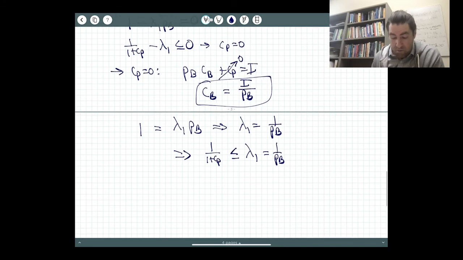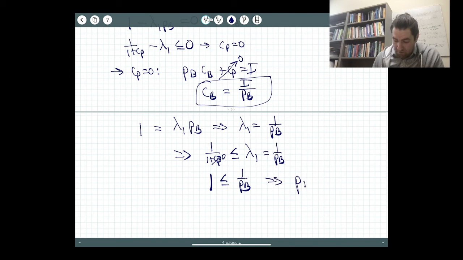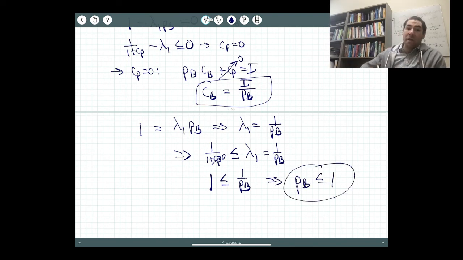If we did that all correctly, and since CP is 0 in this case, I just have 1 less than or equal to 1 over PB, or another way to say that, PB is less than or equal to 1. That's exactly opposite what we found in part A, when CP is positive as long as PB is greater than or equal to 1, right?